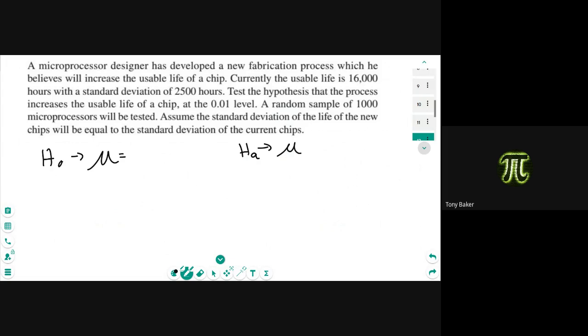What's my null hypothesis? Yes, equals 16,000. What's my alternate hypothesis? Greater than 16,000 because it says increases.